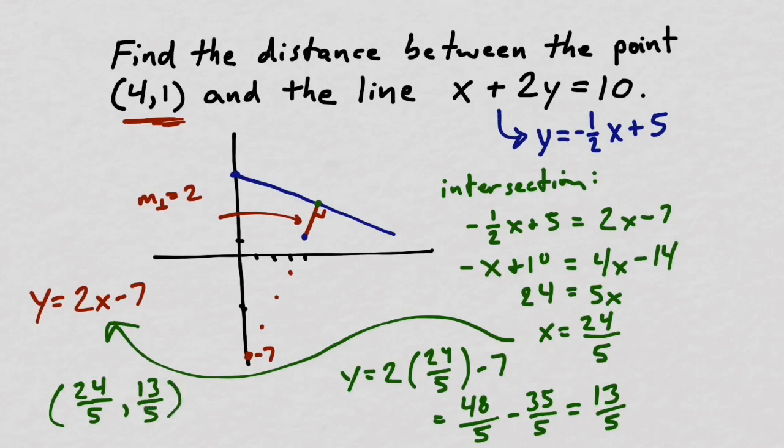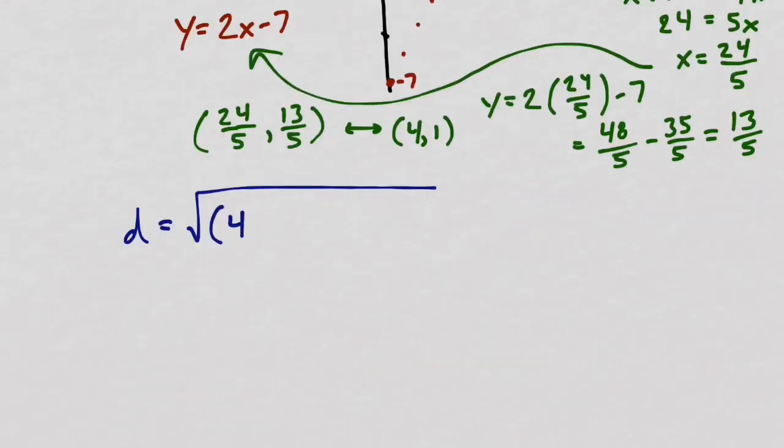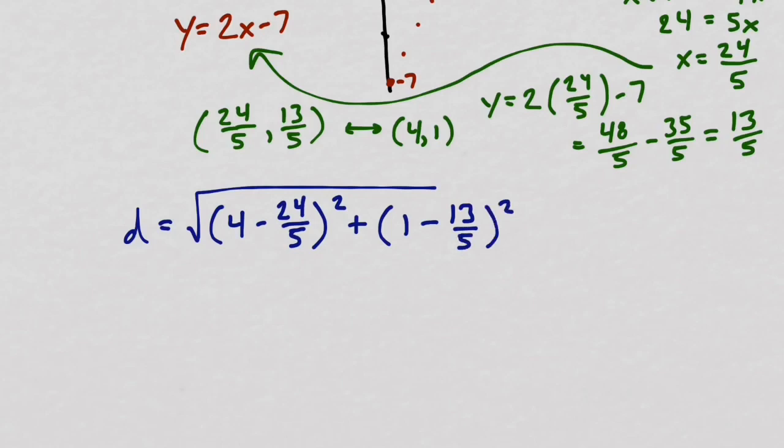Now what I'd like to do is see how far away that is from our original point, (4, 1). So let's use the distance formula. I'm going to take the x-coordinate of 4 and subtract 24 over 5 and square that, and then add to that the y-coordinate 1 minus 13 over 5 squared.